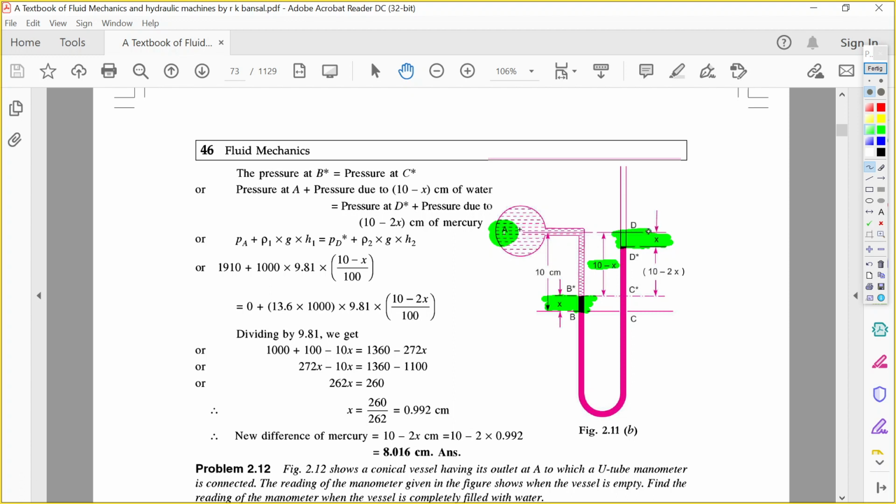Again the pressure at D asterisk, and pressure due to this 10 minus 2x height. This one decreases by x, and this one again is also x. Increment, decrement.